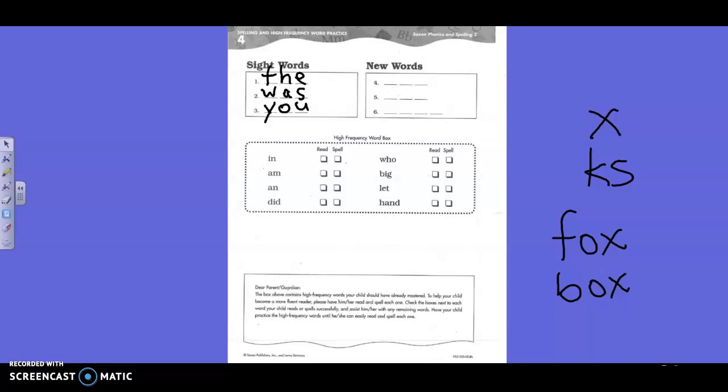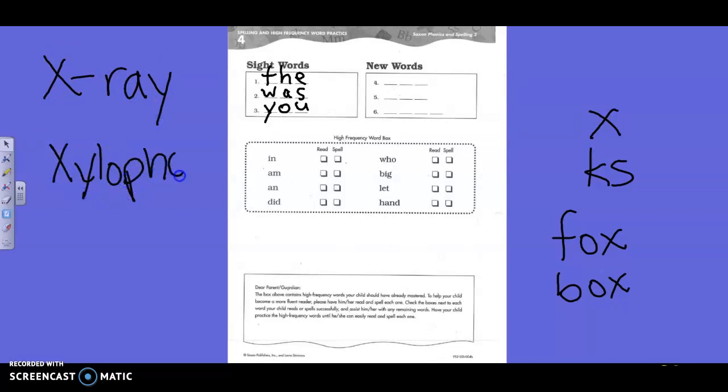Okay, listen to these words. X-ray, xylophone, xylem. Now look at these words when I write them. X-ray, xylophone, xylem.